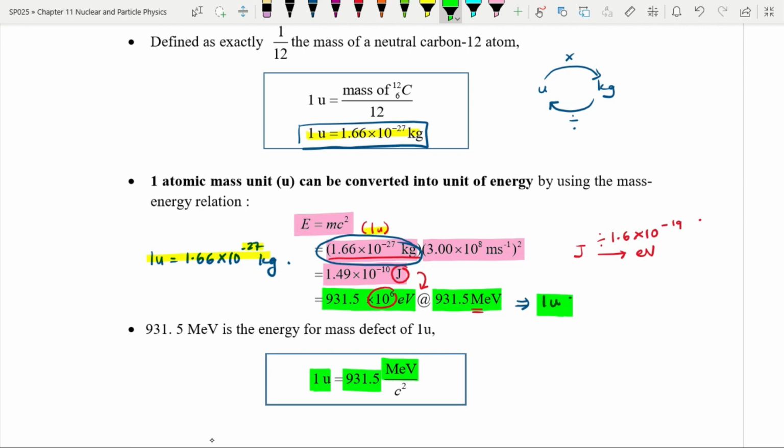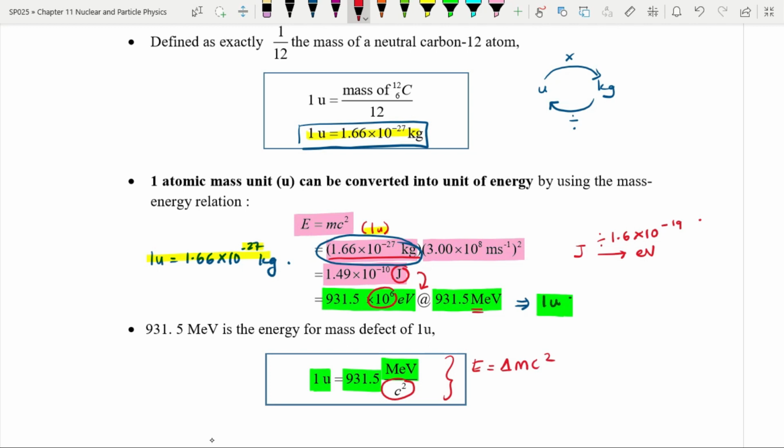Tapi kenapa pula ada over C square dekat sini? Sebab unit of mass dengan unit of energy berbeza-beza. Memang berbeza, memang totally beza. Mass punya unit dalam kes ni kita guna U, energy punya unit kita guna MeV. So to make them equivalent, kita gunakan formula E equals to mc square ataupun delta mc square.